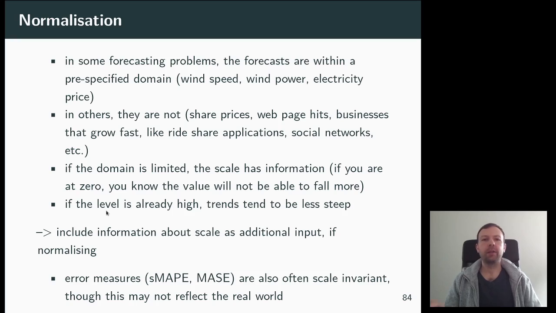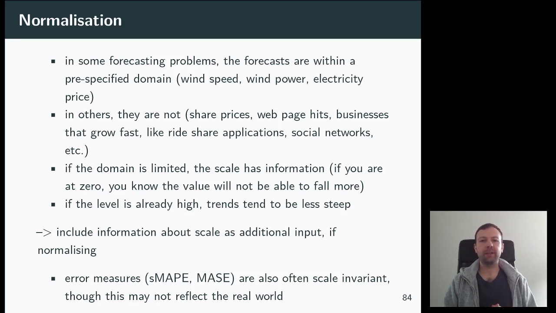But there can be more subtle cases. For example, let's say we talk about a business that grows. If you have a small business, then exponential growth is probably a lot easier to achieve than if your business is already a global company.